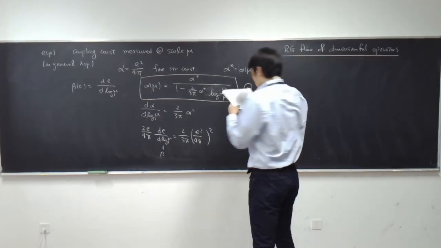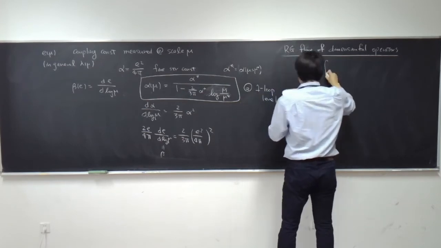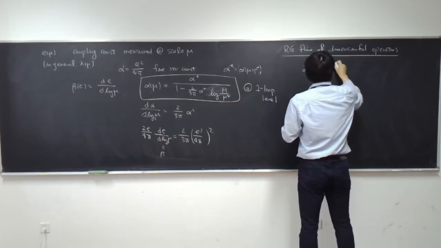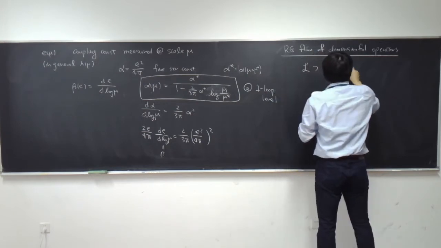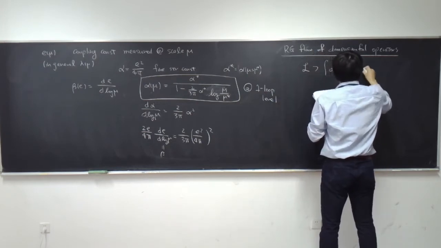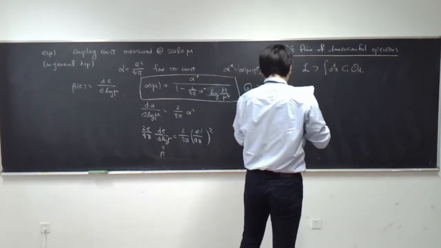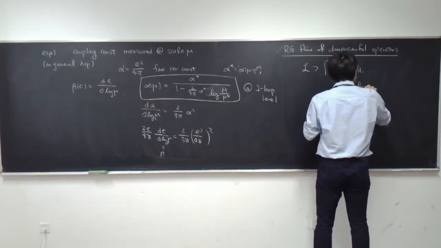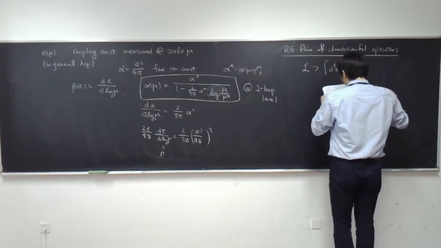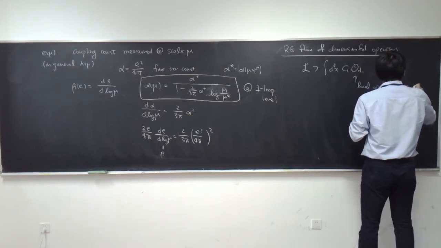So let's suppose the Lagrangian has, in d dimensions, a term like the integral d^d x c_i O_i, where O_i is a local operator of mass dimension d_i.